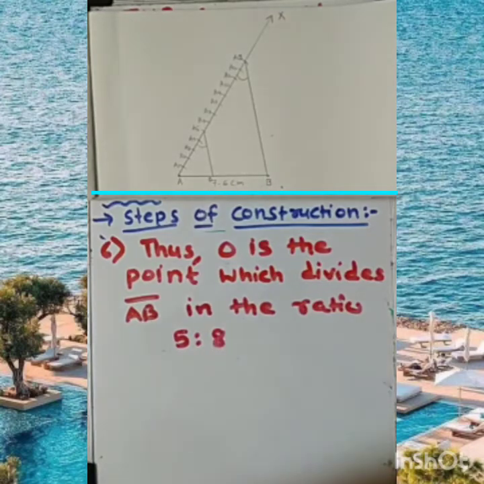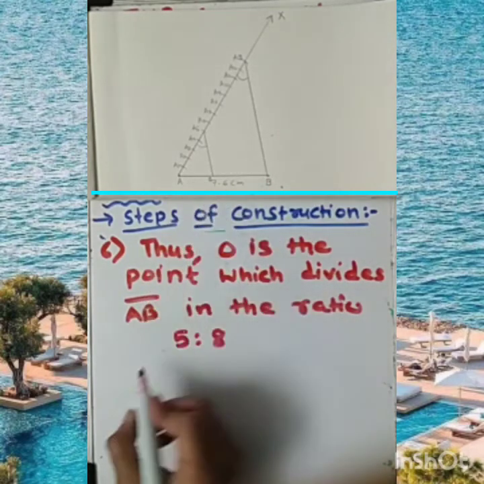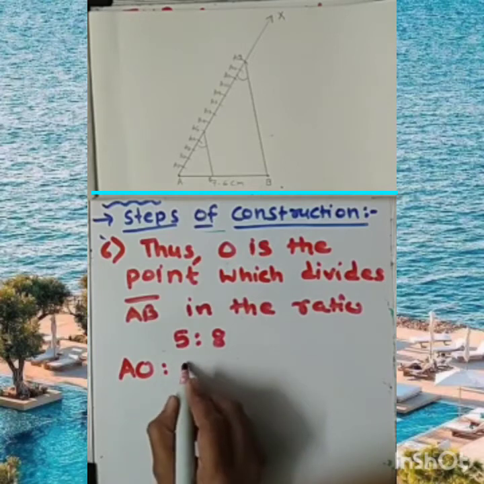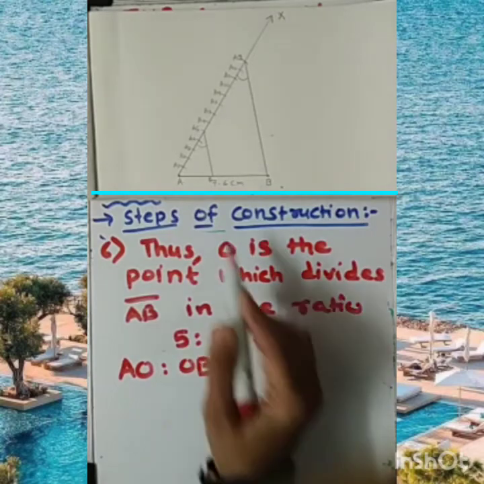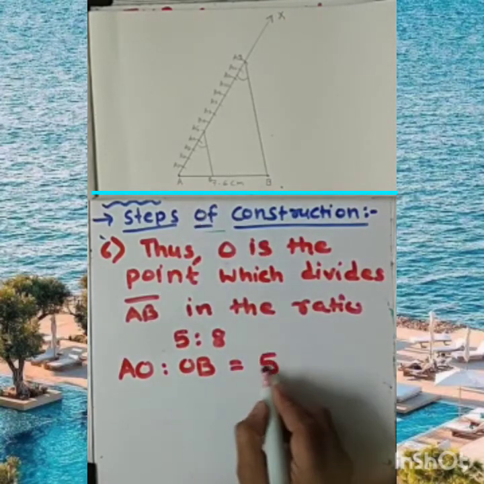Fine. So I can say the ratio AO is to OB is 5:8.